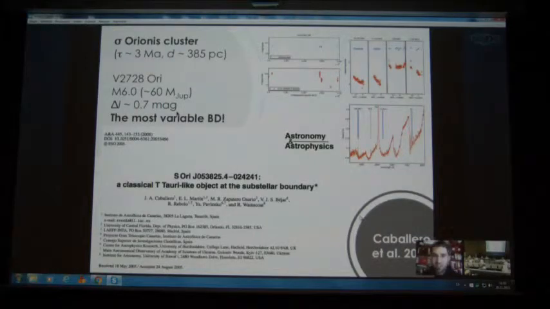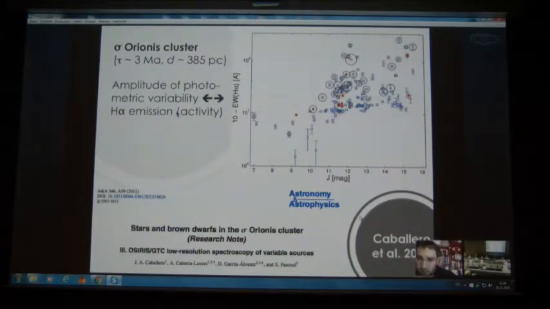Okay, that is a success, but maybe there are more. Since we knew that the most active means the most variable, we did the reverse search. We were looking for the most active ones and then trying to look for the most variable, and that is something that we did in this work.